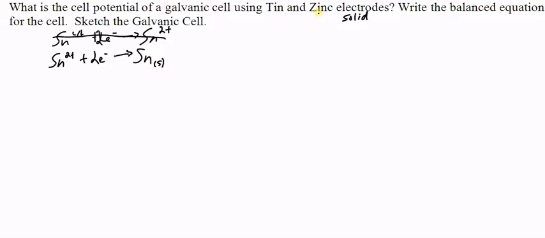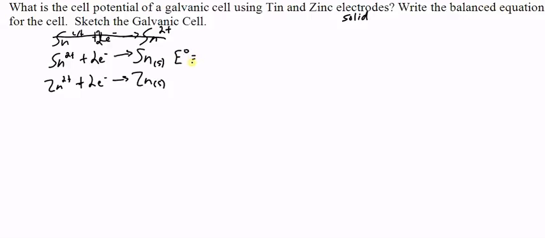And then the other one that we were going to work with was zinc. The half reaction for zinc that I find on the reduction table is Zn 2 plus plus 2 electrons yields Zn solid. In the reduction table there's also a standard cell potential listed, and the unit on these is going to be volts.